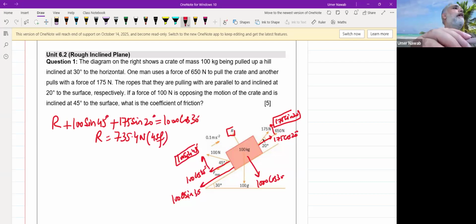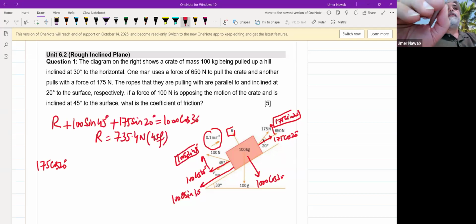We found it. But now my next job is to calculate the forces acting up the plane and down the plane. We need to add them up. Newton's second law. So 175 cosine of 20 degrees. This is the upward force. Now, how many forces are downward forces? Oh yes, guys, be careful.